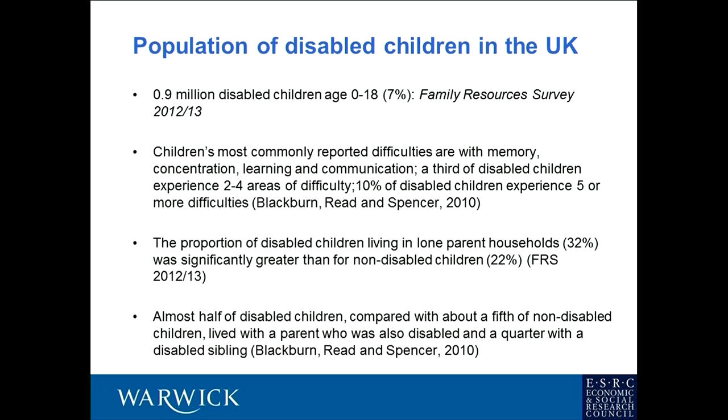The children's most commonly reported difficulties are with memory, concentration, learning and communication. Many are identified by their parents as having 5 or more difficulties, and a third 2 to 4 areas of difficulty. The proportion of children living in lone parent households is significantly greater than that for non-disabled children.